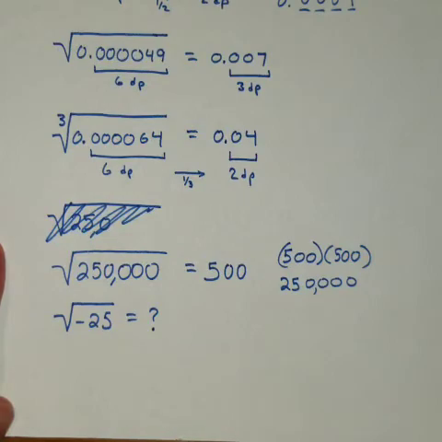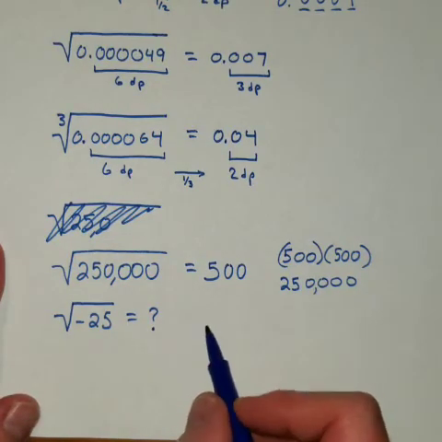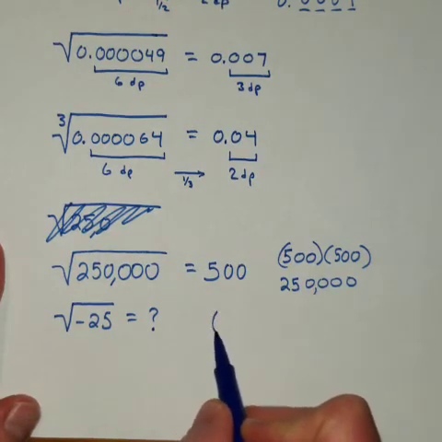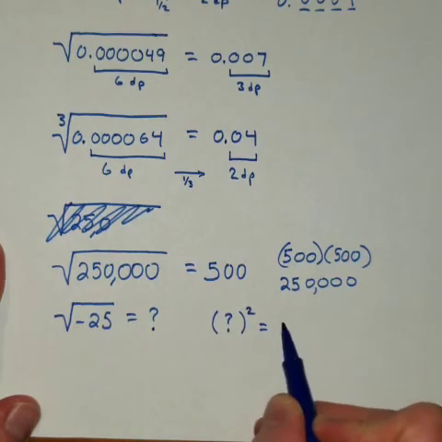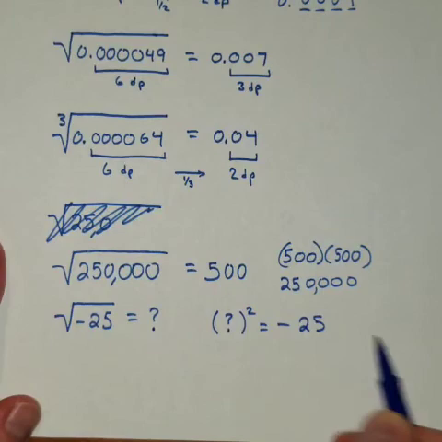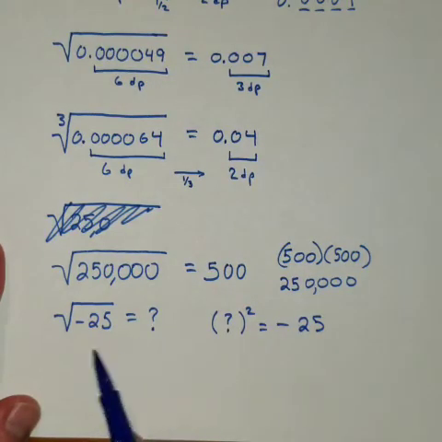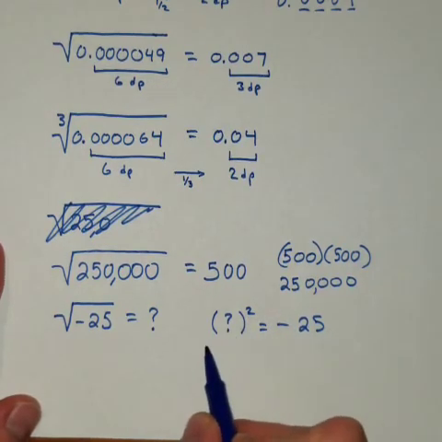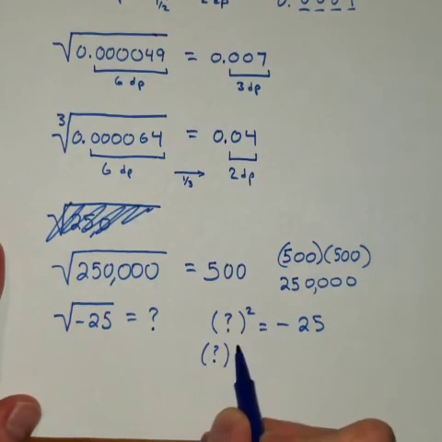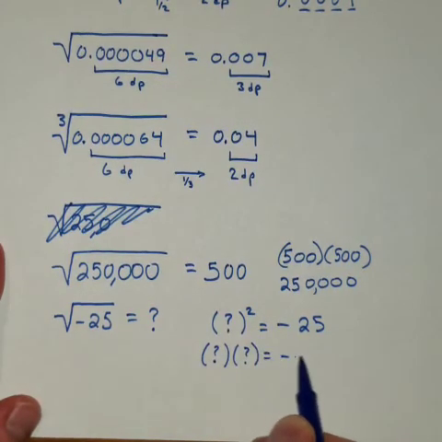To figure out what that is, you would have to take that question mark and square it and get negative 25. Right? So that's the equivalent form. Square root is the undoing of a square. So what squared is negative 25? Well, think about this. That means that the question mark would have to multiply itself to get negative 25.